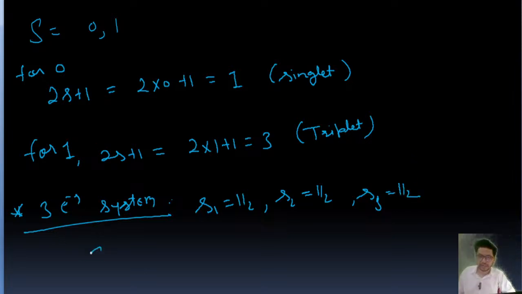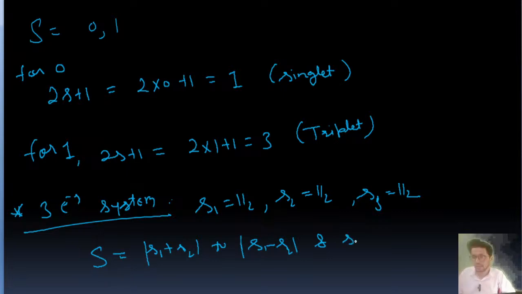So S value is going to be mod of S1 plus S2 to mod of S1 minus S2, and this is S3 half, right? And S3 equal to half, we will take S1 and S2 first. So this value of S we have already found, half plus half 1, and half minus half 0, so 0, 1, right? So S is going to be 0 comma 1, and S3 is going to be half.